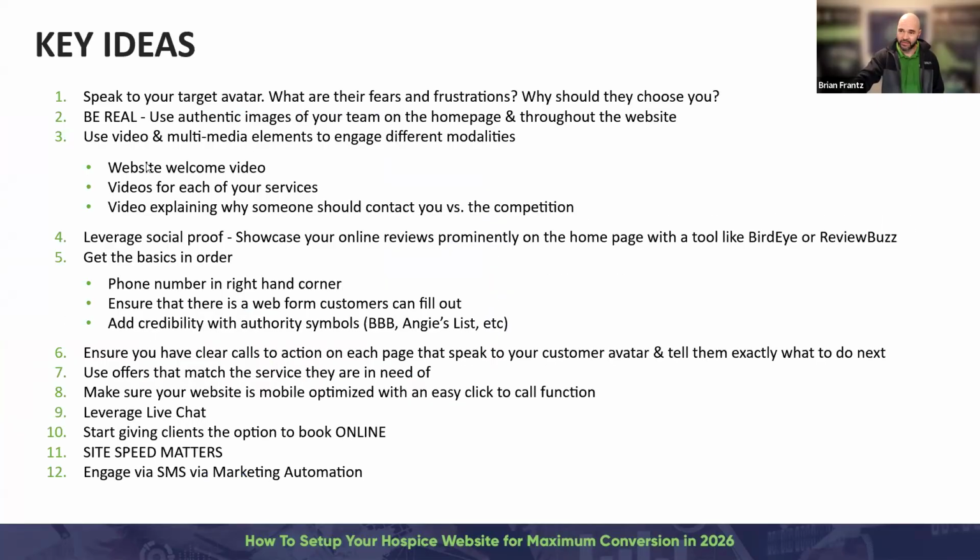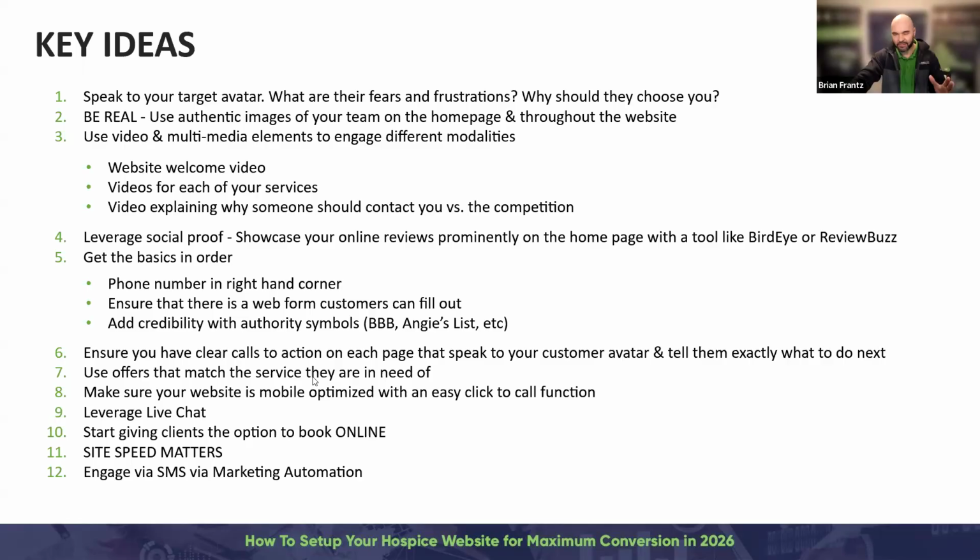So again, the key ideas we talked about, like speak to your avatar, be real, right? Use real images, use real video, leverage social proof, basics, right? Phone number in the top right, web form on every page, and authority and trust symbols. Right? Make sure you have clear calls to action.